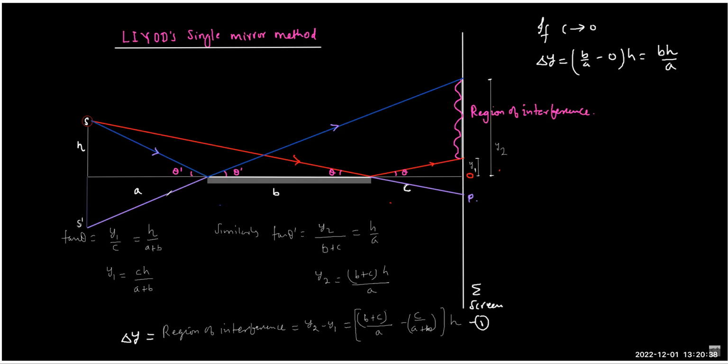And by the property of reflection, this angle is also going to be theta dash. So this is also going to be H, isn't it? Yes, sir. So instead of taking the reflected light and direct light as two sources, we can take S and S dash as two sources, and we can think of interference due to these two sources, but only for the region of interference, not everywhere else, isn't it? Yes, sir.